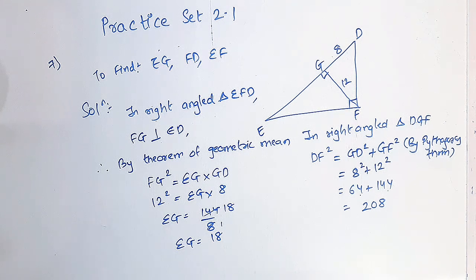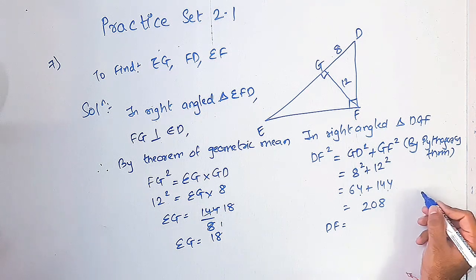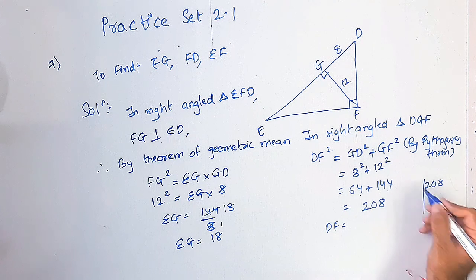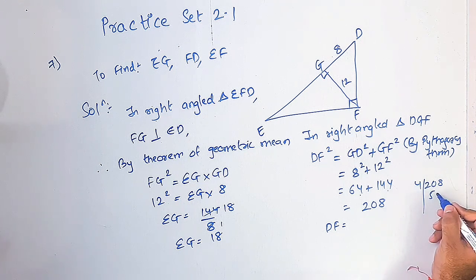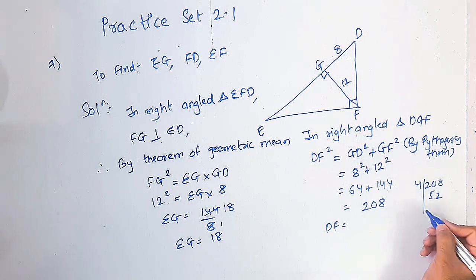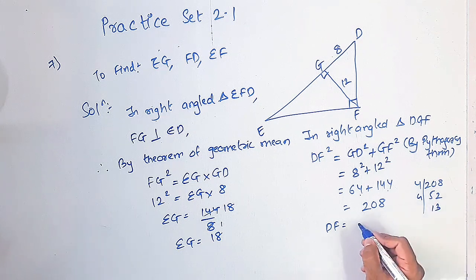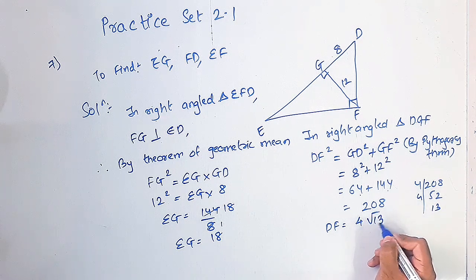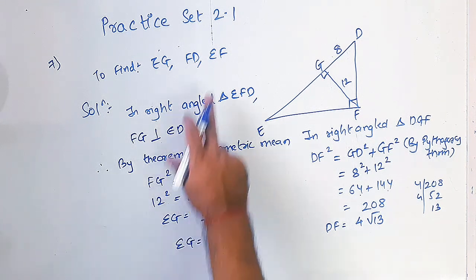Now 208, if you find its factors, it will be 4 13s. So it will be 4 root 13. Then we'll come on to this one.